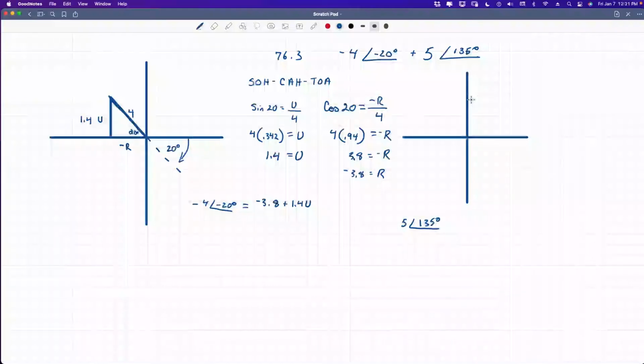But it's more than 90, so it's going to be in this general area. So we're going to just stick it over here. And we're going to subtract 90 from this so we can figure out what the degree measure is from here to here. So 135 minus 90 is going to be 45, is that right?